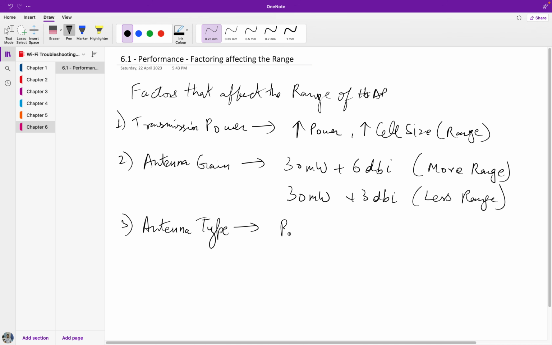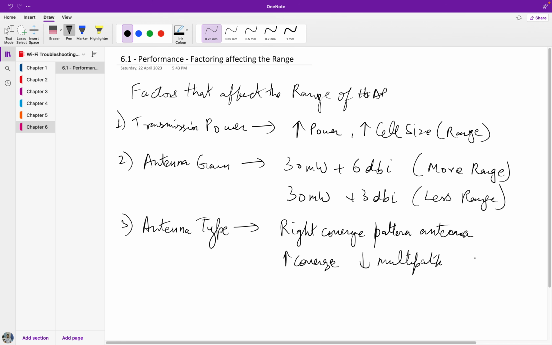So we need to make sure we have the right coverage pattern antennas, and this is going to improve the coverage and reduce multipath and also reduce interference, right? So yes, this is another factor that contributes to the range of an access point.